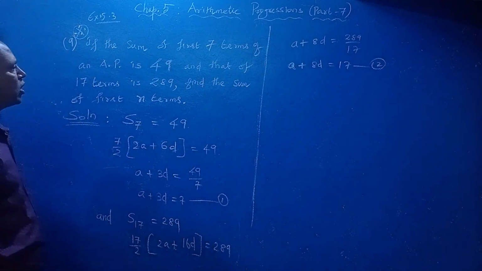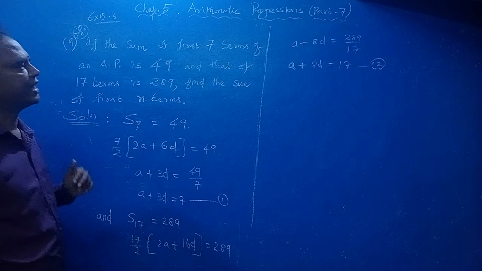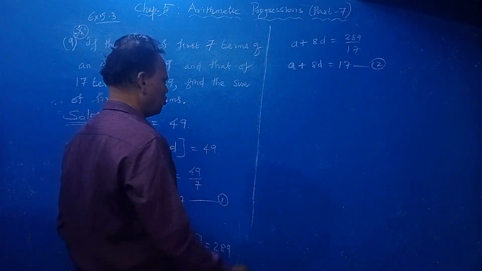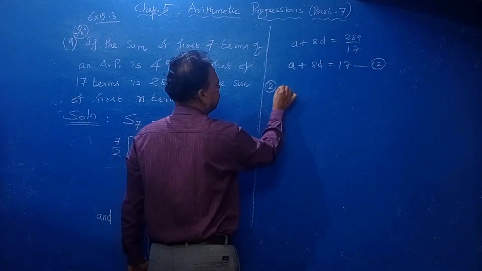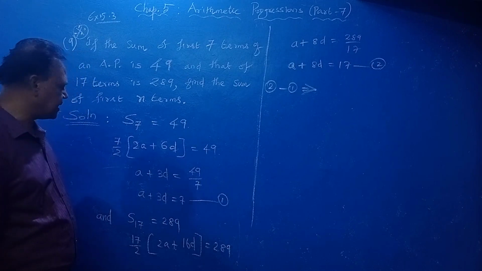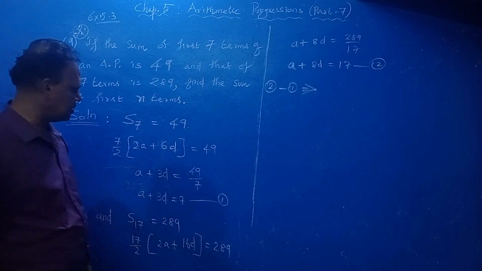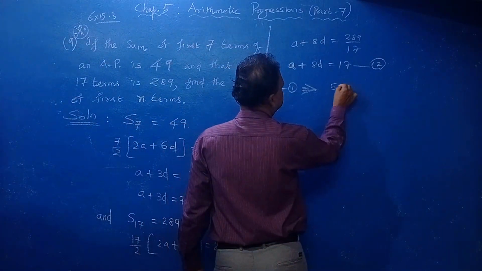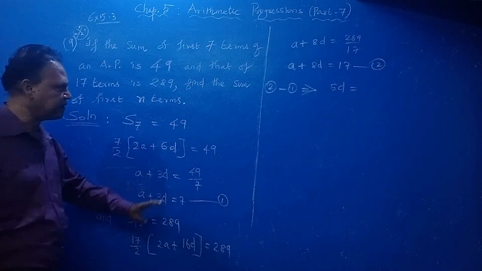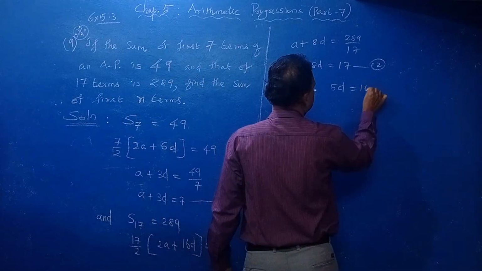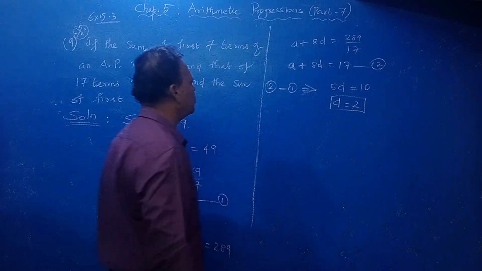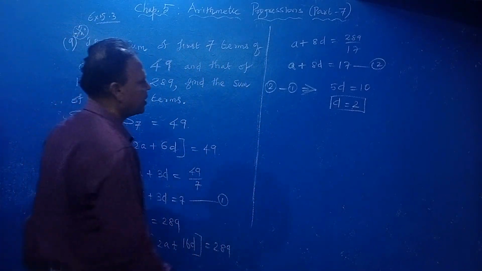Now, using these two equations, we can find out A and D value. Now subtract 2 minus 1 gives A minus A 0. 8D minus 3D is 5D. Now right hand side, 17 minus 7 is 10. Therefore D equal to 2. Easily we will get D value 2. Now put D in equation 1.